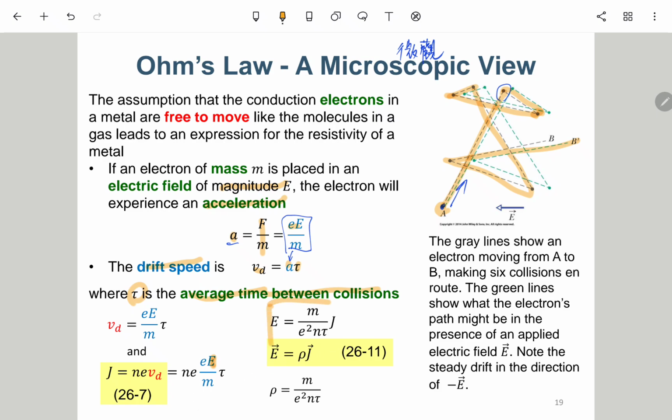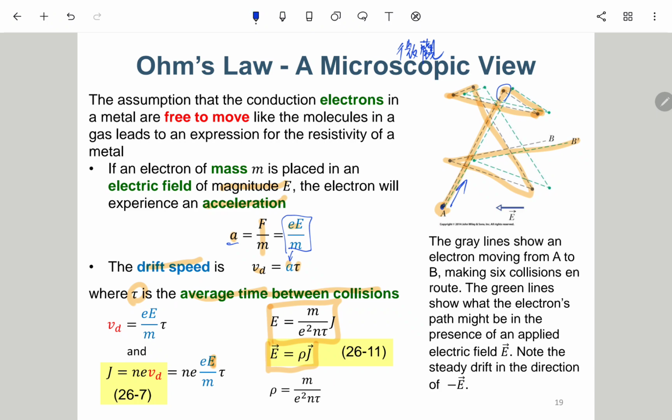So here we have E equals m over e squared n tau times J. Previously we already have the vector form of Ohm's law, E equals rho J. Comparing these two, we can see that rho should be m over e squared n tau.